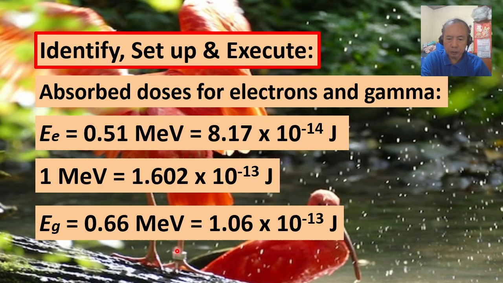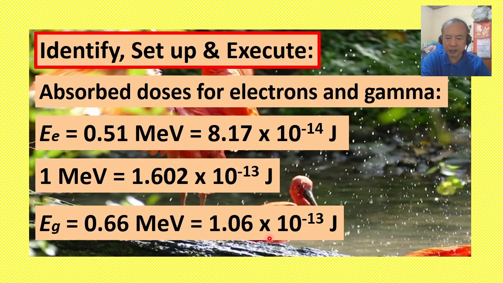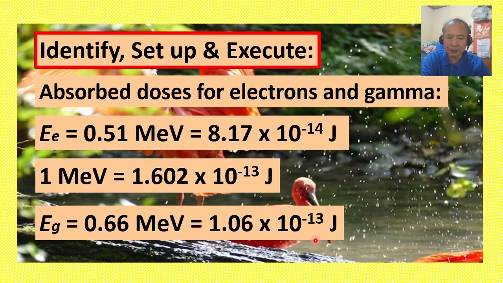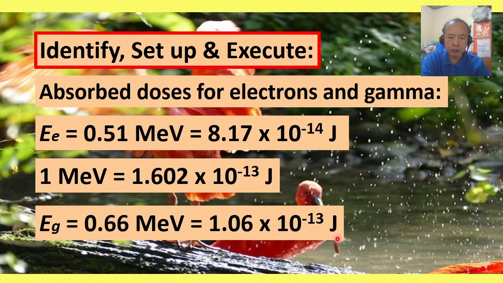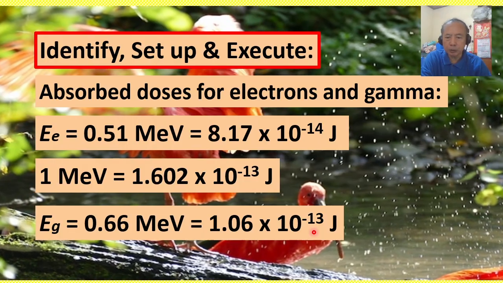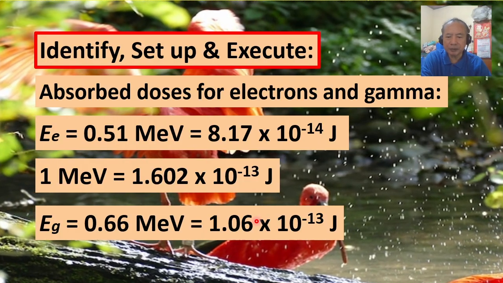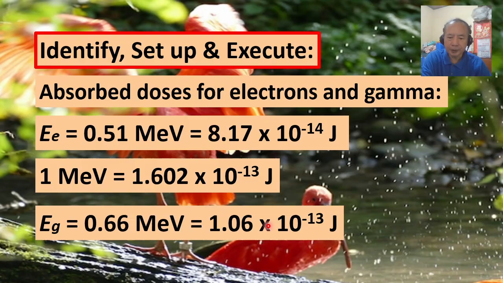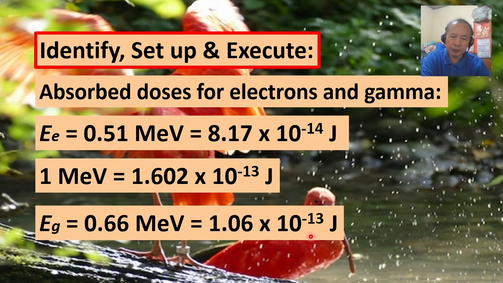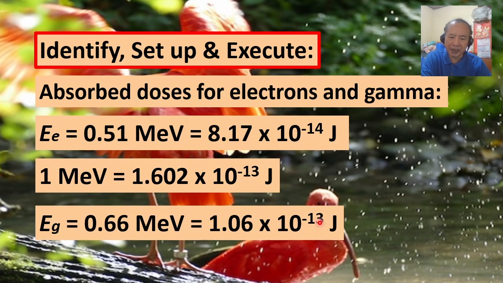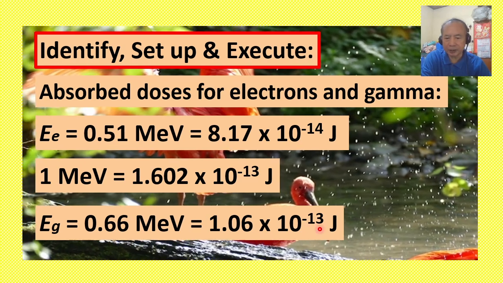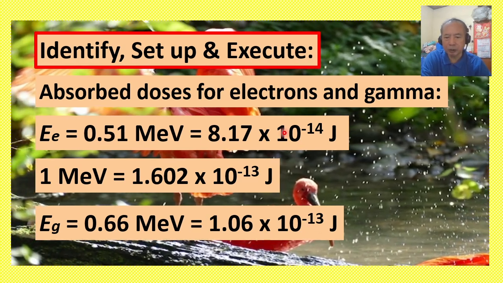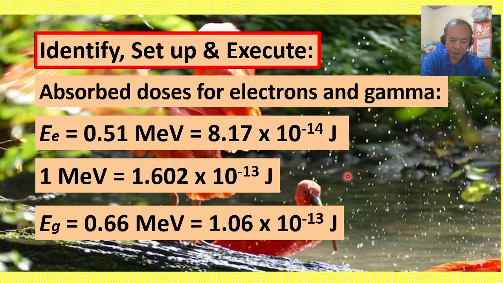So we get 1.06 times 10 raised to the negative 13 joules. So as expected, the energy of the gamma rays is much greater compared to the energy of the electrons.